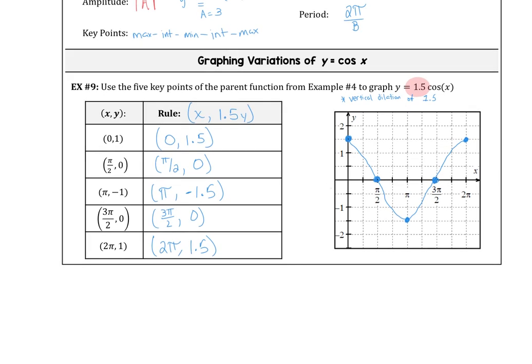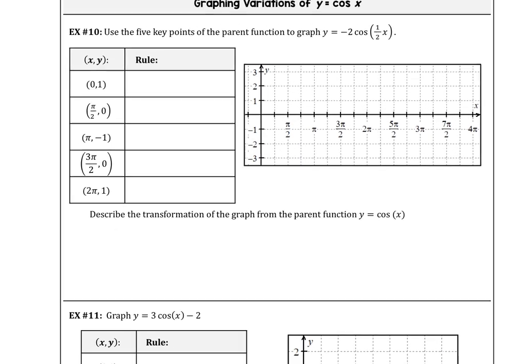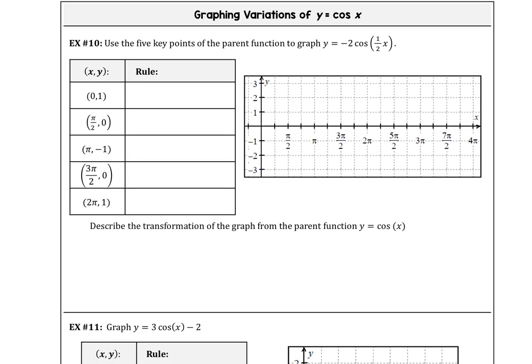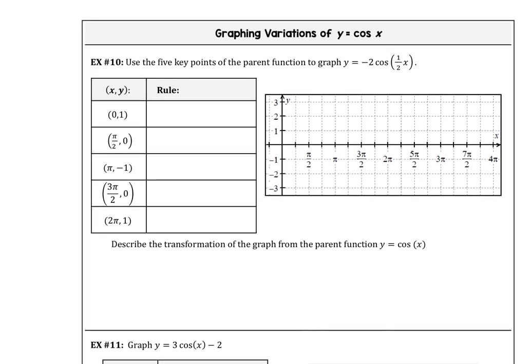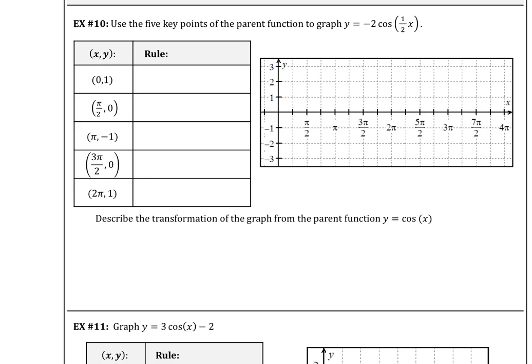Okay, so let's look at another one. We want to use the 5 key points to graph the function -2 cosine 1/2 x. So here's what we got. Let's talk about the transformations that occurred here first. The negative out front means that we reflect over the x-axis.